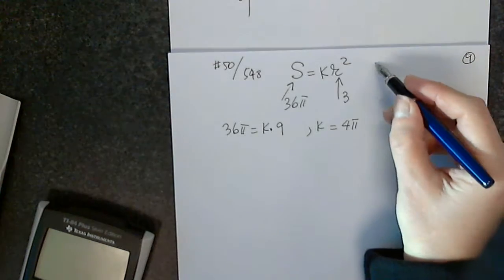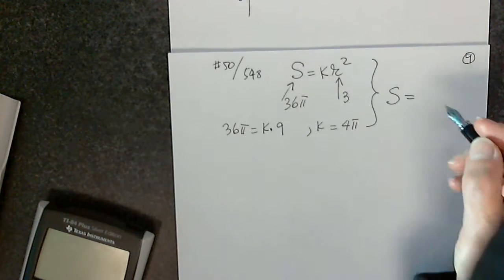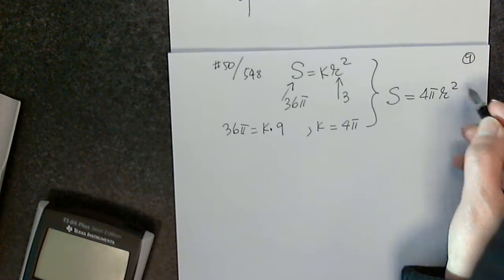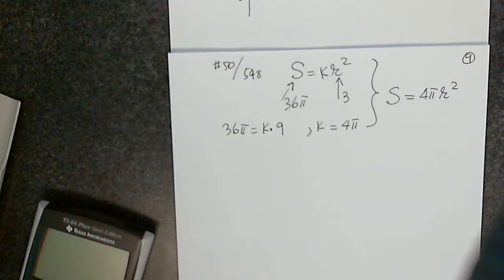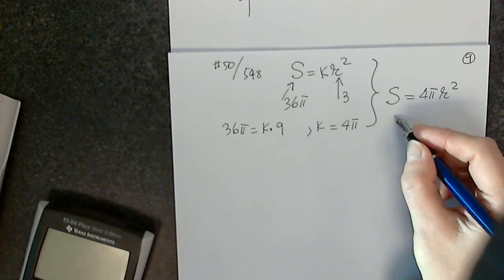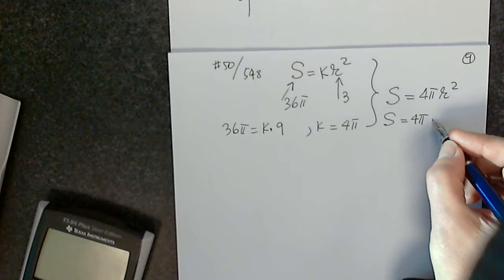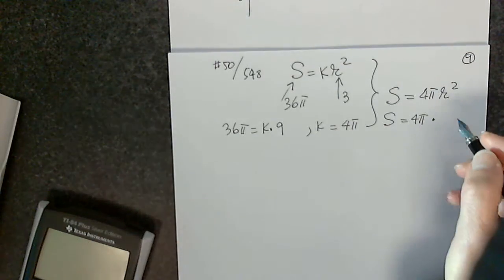What is the equation actually now? I have k. I have to put it back in. So how much is now s? Very good. And now I can read the question. Find the surface area when the radius is 4 inches. 4 pi multiplied by 16.